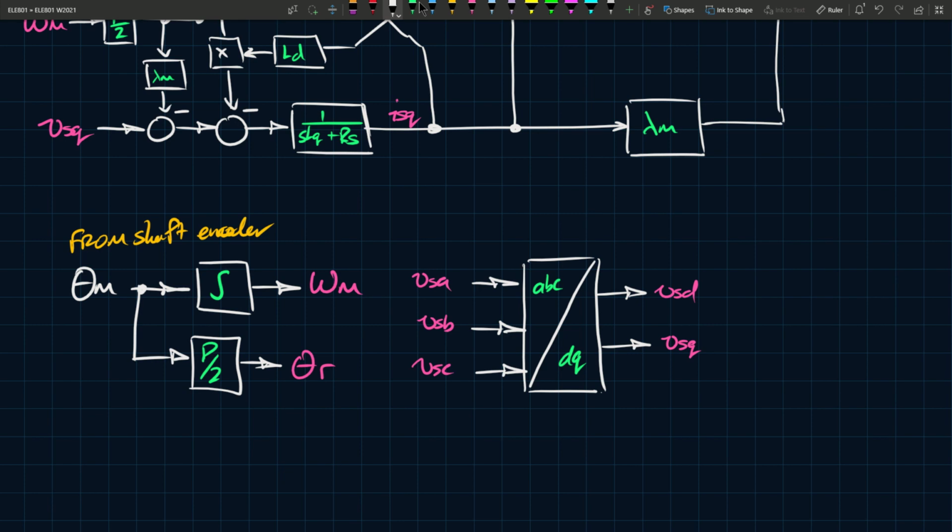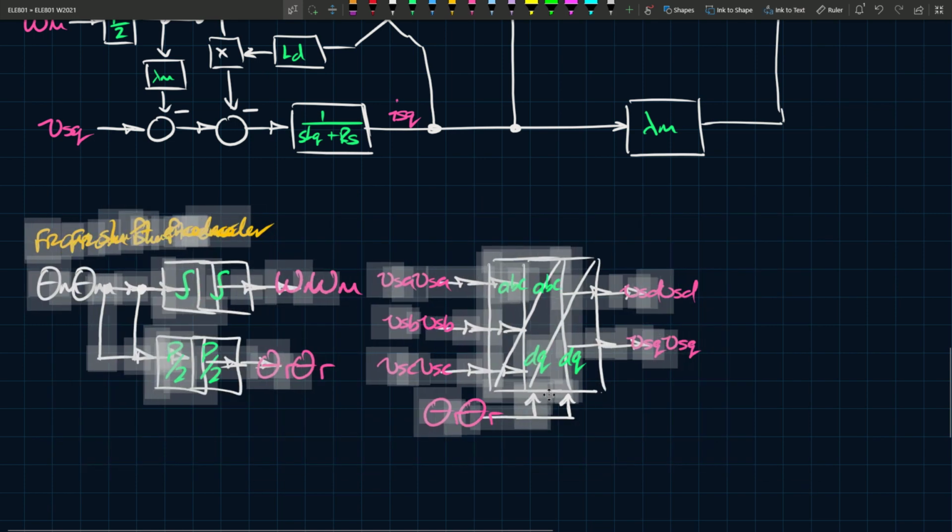But remember, this DQ frame needs to rotate at some speed or some angle, or has to have an initial angle plus a speed, but it needs to be rotational. And the position of this frame in space at any given time depends directly on theta r. So I guess you could draw that over if you want to, but in any case, this is the kind of system that you have.